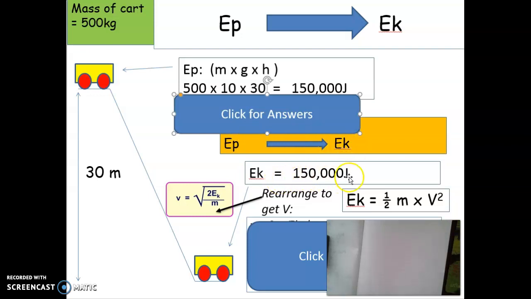So at the bottom, assuming no energy losses, which is what these questions do, we'll have 150,000 joules of kinetic energy, because that's what we had for gravitational potential energy. Now we can substitute that number into this rearranged equation to get the value of v. Now I'm going to swap to the video cam and show you how to do that.